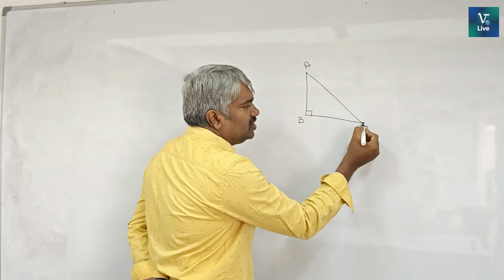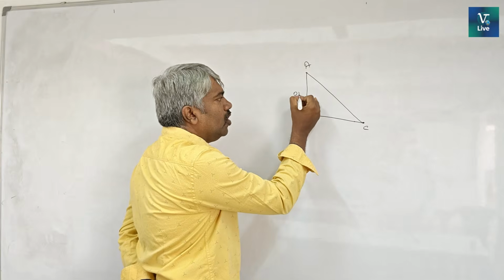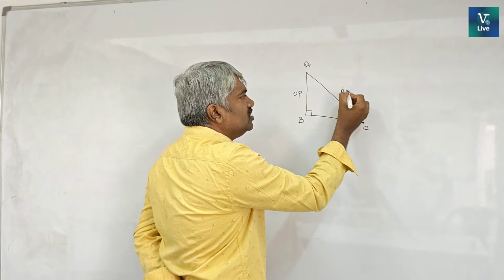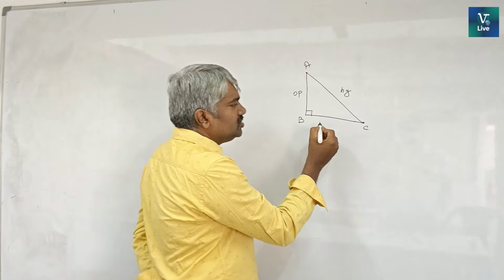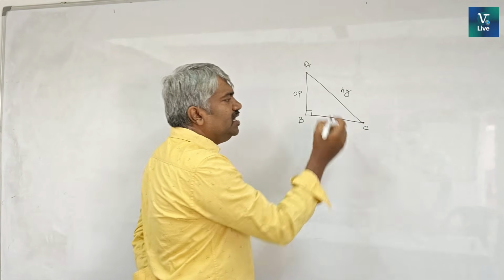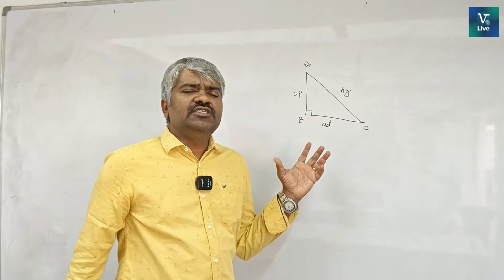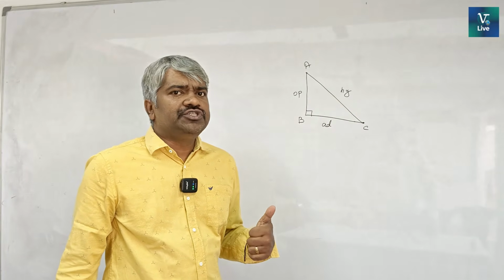When I am standing at the point C, the side opposite to me is called the opposite side. The longest side, or the side opposite to the 90-degree angle, is called the hypotenuse, and the remaining side is called the adjacent side. With the help of these three sides, we are going to learn about the 6 different trigonometric ratios.